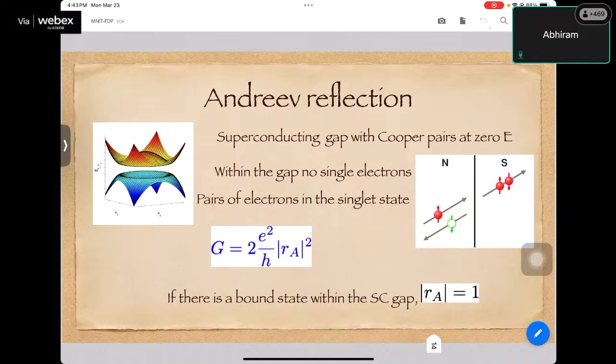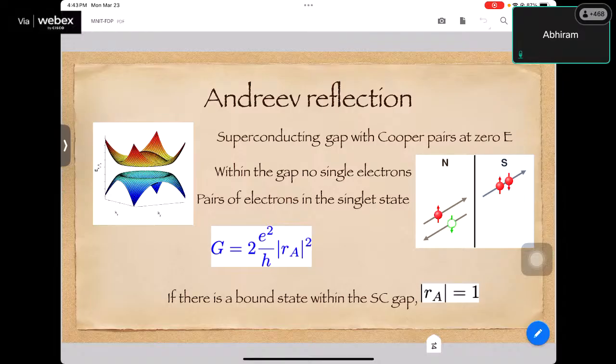Why does a hole reflect back? Because to form a Cooper pair, it needs 2 electrons, and 1 electron is anyway supplied by you. The other electron is picked up from below the Fermi sea. Okay, that is below the Fermi energy. There are electrons that are filled. So from there, another electron is picked up, and what appears to you is like a hole is reflected back. So this is the phenomenon of Andreev reflection. That is, you send in an electron and a hole reflects back.